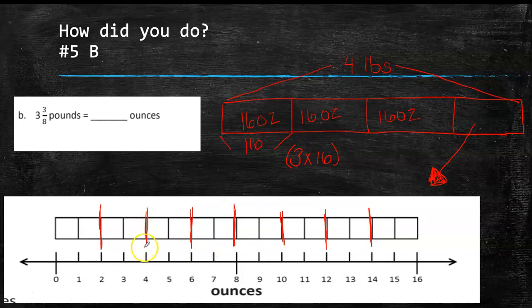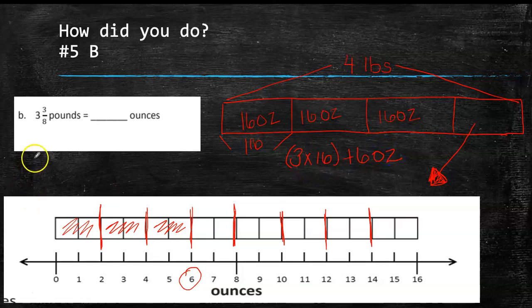All right, how many ounces? I need 3/8 of that pound. So here's 1, here's 2, and here's 3. How many ounces was 3/8? It is 6 ounces. So I'm going to add my 6 ounces here.